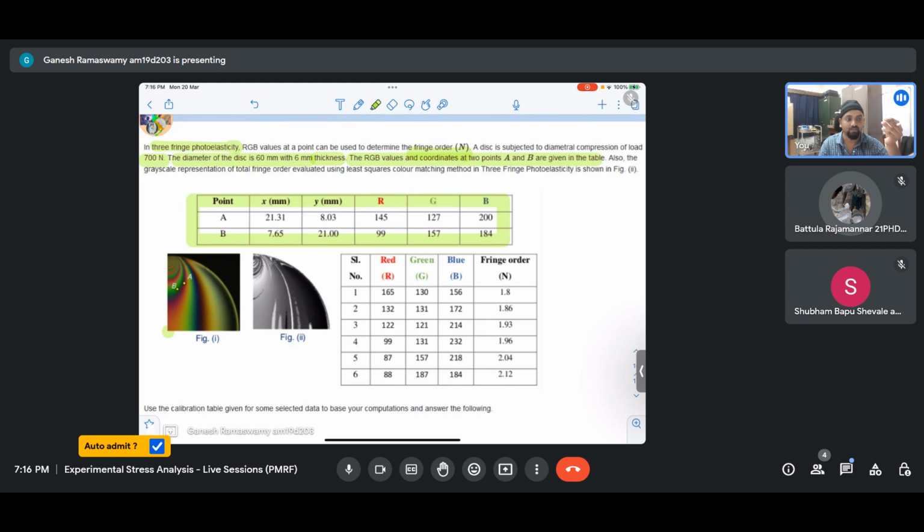So once we separate out the red, green and blue plane, we'll be able to see at that pixel in the red plane what is the intensity, in green plane what is the intensity, and blue plane what is the intensity. So those intensities are nothing but light intensities.